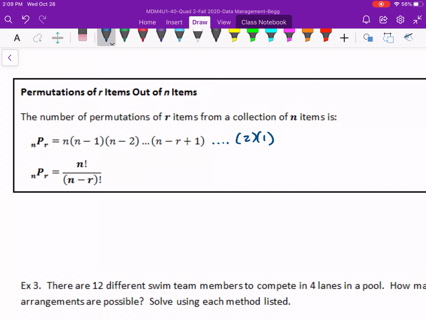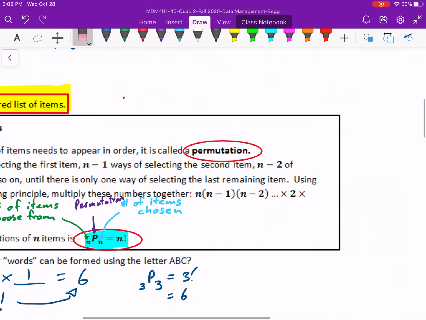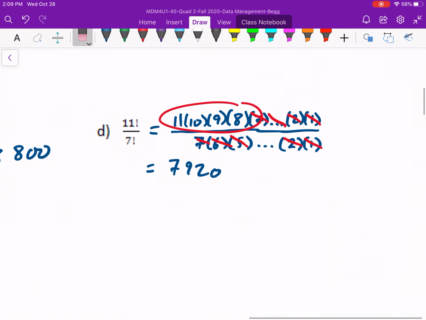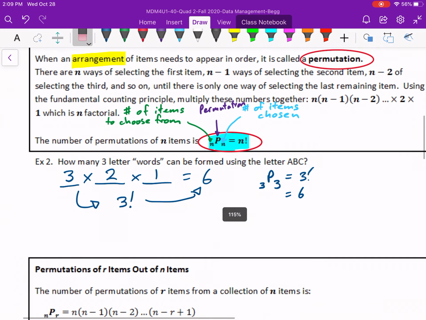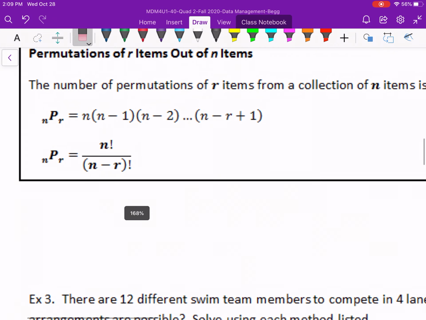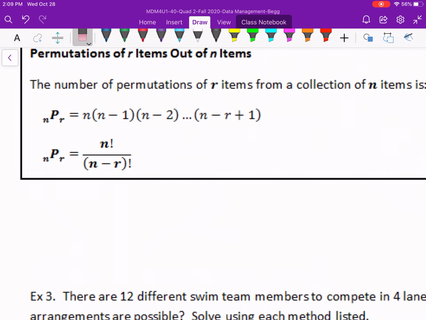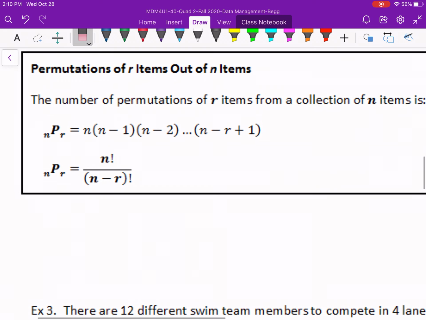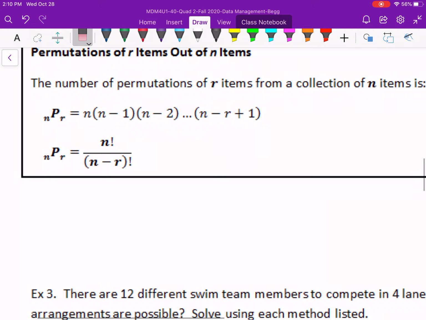We stop at n minus r plus 1, which is really the equivalent of the kind of thing I was doing up here. 11 factorial divided by 7 factorial, I took away from 7 down to 1. That's really what's happening. I'm taking away all the extras. I just want to take a certain number of them.